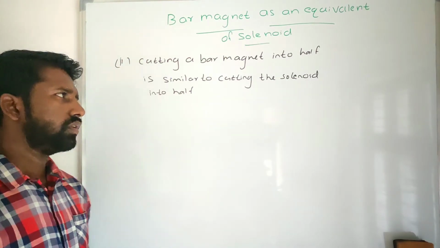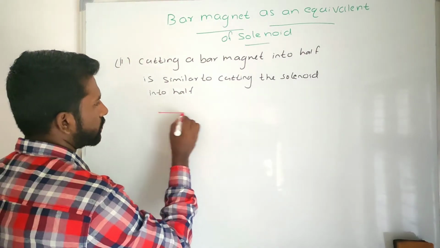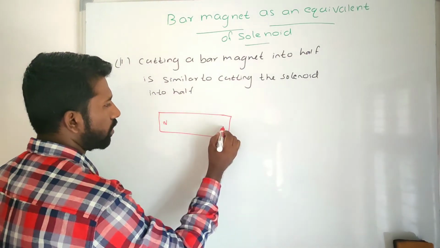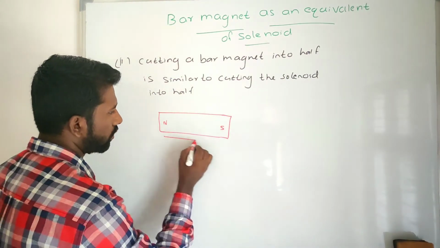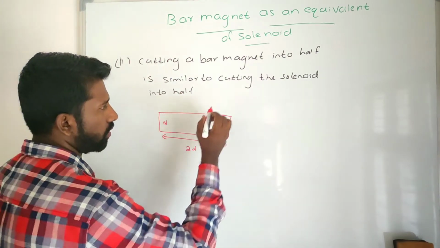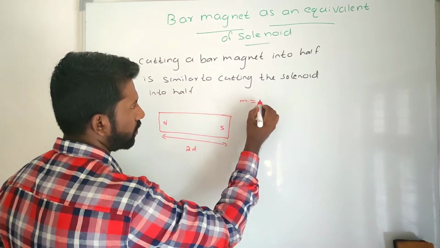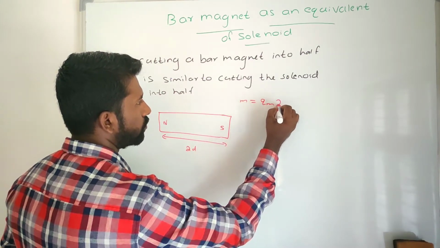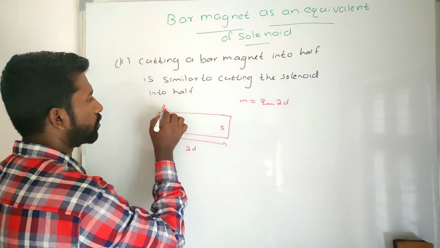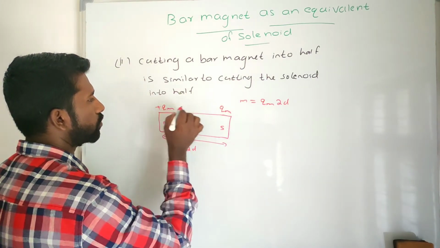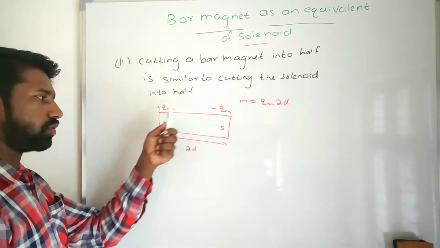That means I have a bar magnet. One end is the north pole, the other end is the south pole, and the length of the bar magnet is 2L. The magnetic dipole moment M is equal to Qm into 2L, where Qm is the pole strength, plus Qm for the north pole and minus Qm for the south pole.